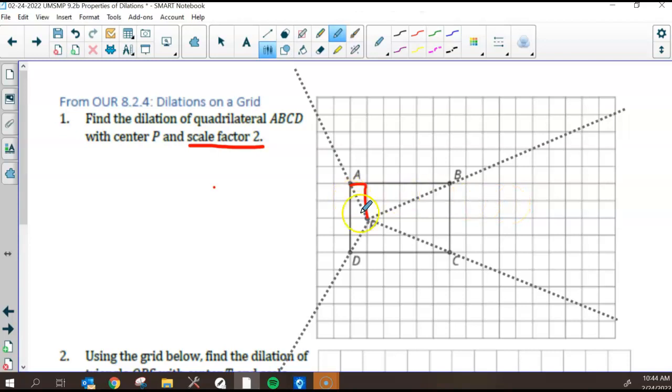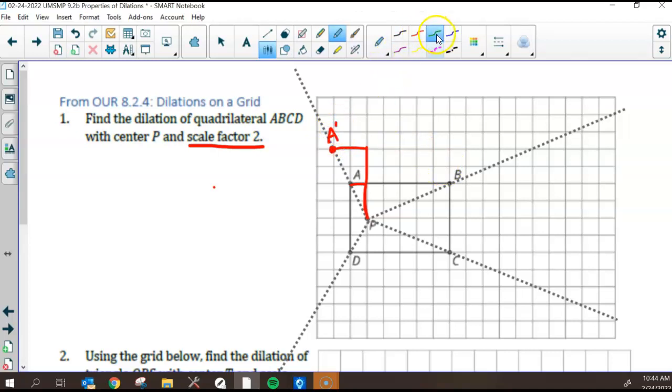So if I multiply that by 2, that is now going to be going up 2 times 2 is 4. And it went back 1. Well, 1 times 2 is 2, so now it's going to go back 2. And did I land on that line? Yeah, exactly, just like I said I would. It's going to be somewhere there, and that is going to be my A prime.